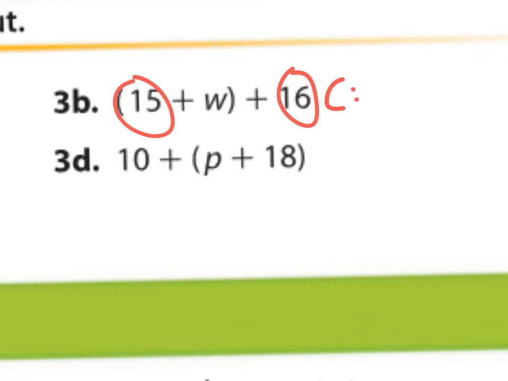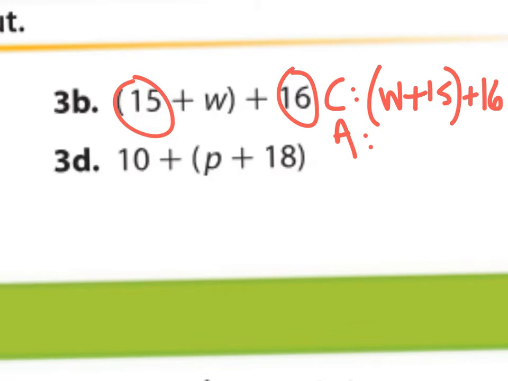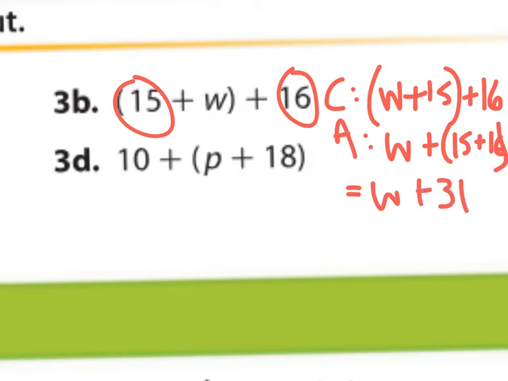So I'm just going to write W plus 15, close parentheses, plus 16, right? Now I'm going to use associative to regroup them, where I have W plus parentheses 15 plus 16, right? And now my answer is W plus 31. Okay, or 31 plus W.